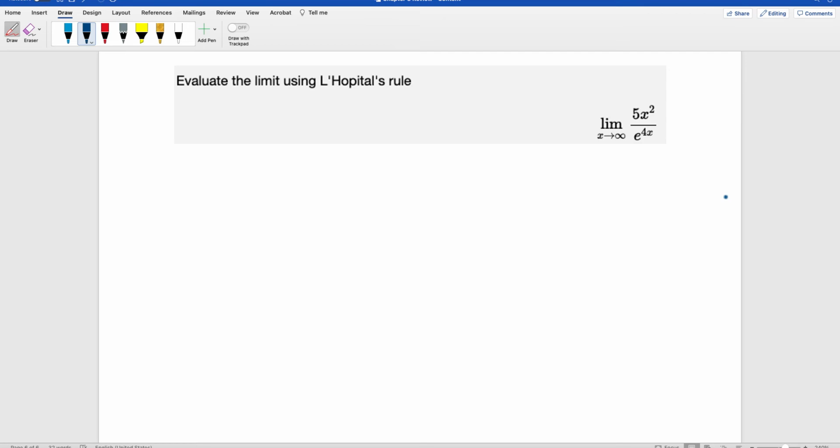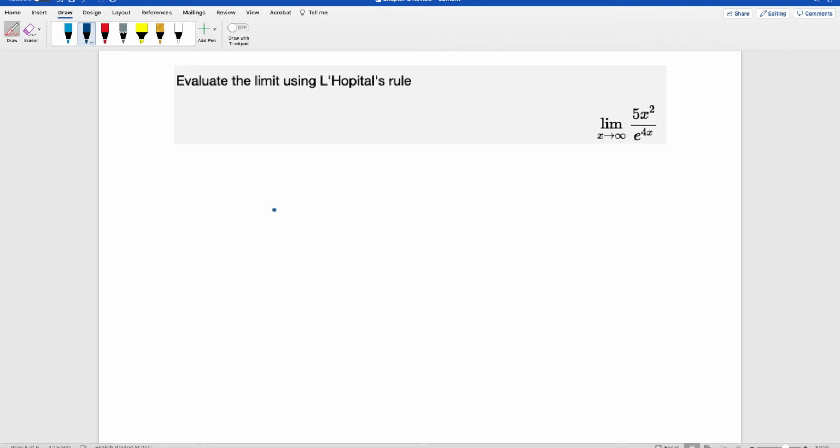The ones in the reviews are good, but I wanted to look at this particular type of example because, as we're going to see, it takes more than one application of L'Hopital's rule. They don't give us the easy ones for the test, they give us the hard ones. So be ready to apply the rule twice. Remember the way L'Hopital's rule works is as you take the derivative, you sort of get a constant for one part of it. And we can see x squared is going to take us 2 derivatives to get a constant.